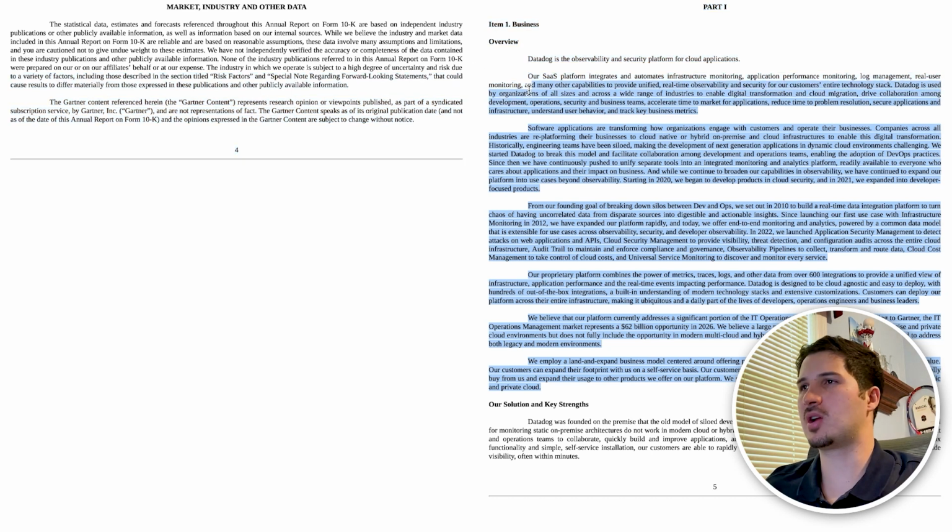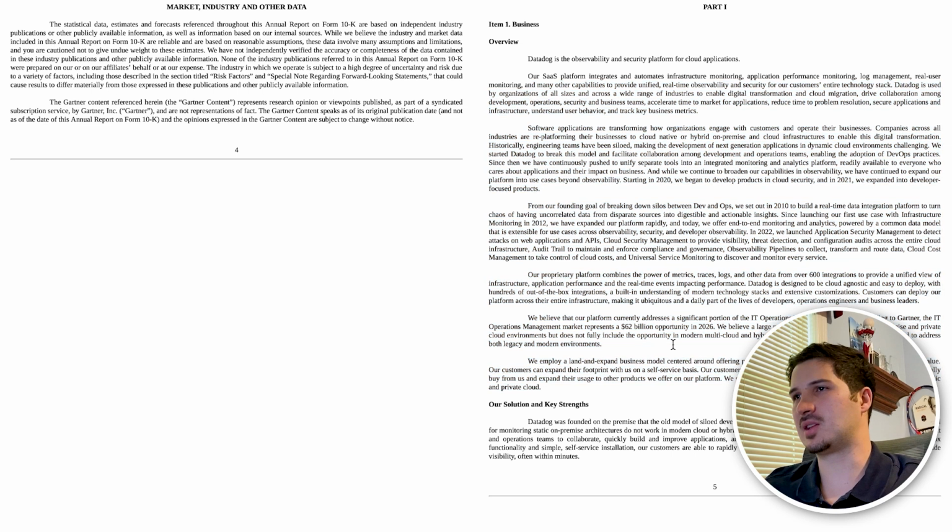And just to summarize the information that we can see here in the business section, the company talks about its current platform. Basically, the problem that they're trying to solve is that if you have any type of software solution out there, sometimes it's hard to track what's going on inside the app.